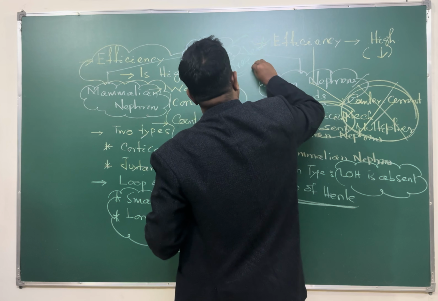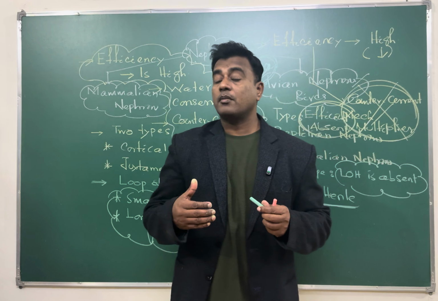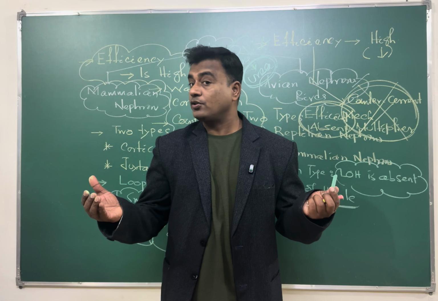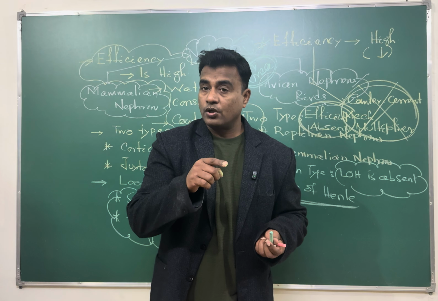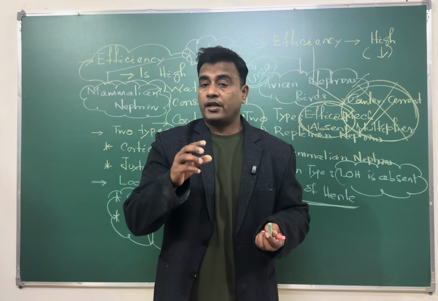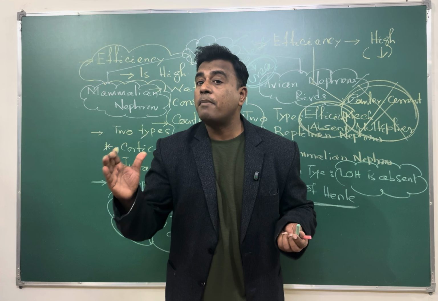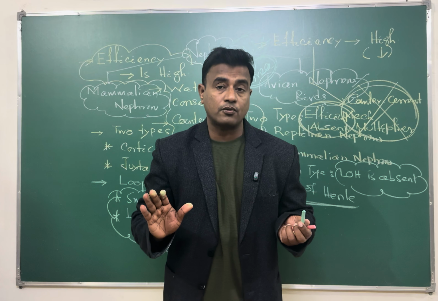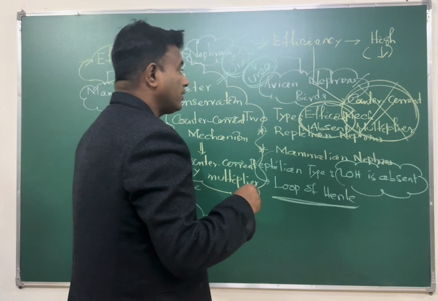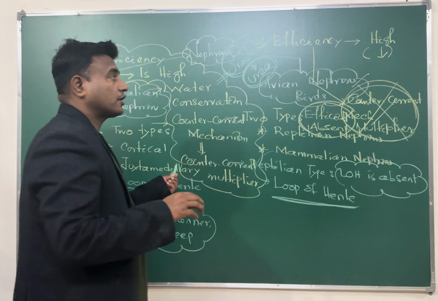So a very good amount of water may come out in the form of urine, and that may lead to a case of dehydration, hypovolemia, or imbalance in the fluid balance. But it doesn't happen so, because the mammalian nephrons are so modified that they conserve the water in an efficient way, so that the circulating fluid volume is maintained in a homeostatic way or in a normal way.